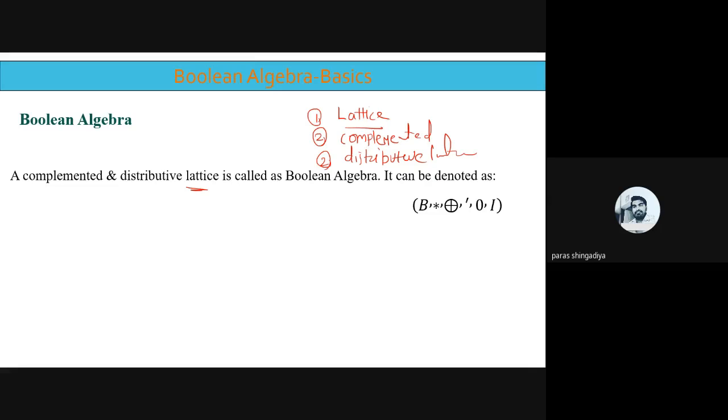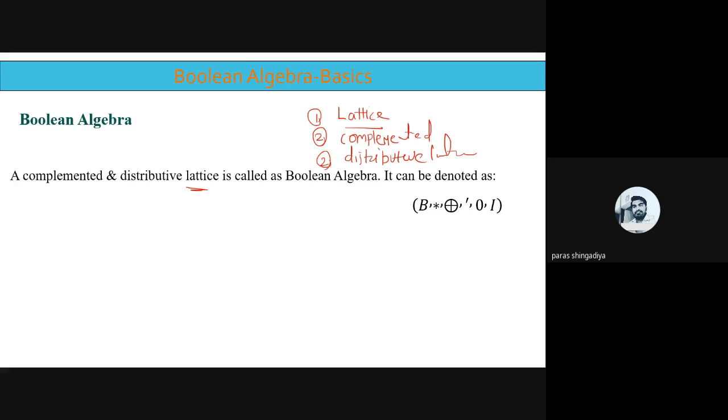We'll check that it should be part of the given set again. The complements of all elements should exist there, and they should be part of the given set again, then it is known as a complemented lattice. And first we'll prove it is a lattice or not. Okay, first it should be a lattice, and then you can check it is complemented and distributive or not.